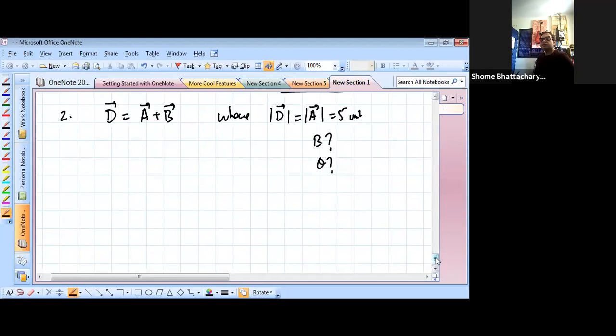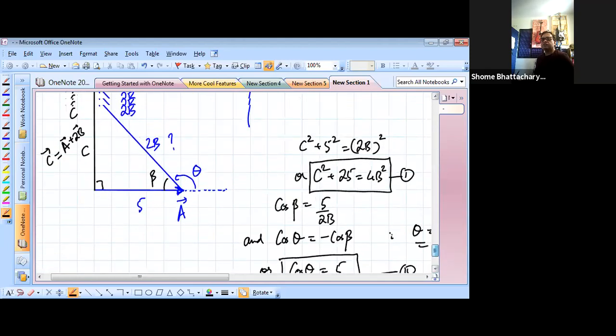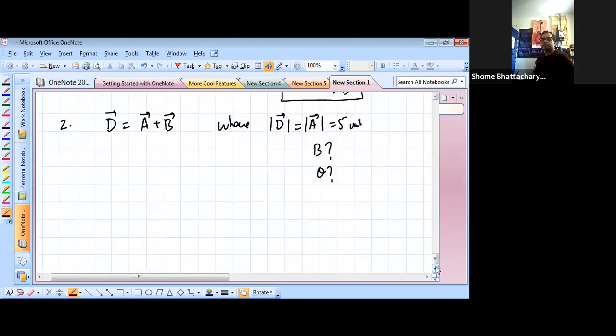But notice one thing, that the angle theta in the above triangle and the angle theta in the below triangle will be the same. Okay. So when we construct the vector triangle for this, A and B will now look something like this in comparison to the earlier one.